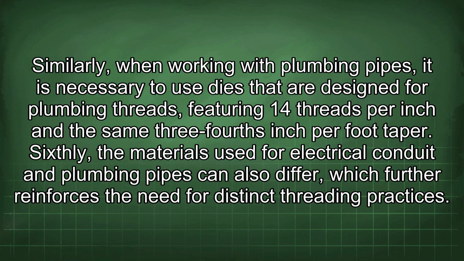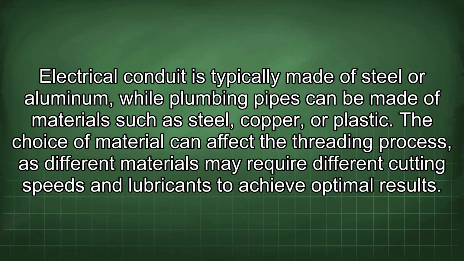Sixthly, the materials used for electrical conduit and plumbing pipes can also differ, which further reinforces the need for distinct threading practices. Electrical conduit is typically made of steel or aluminum, while plumbing pipes can be made of materials such as steel, copper, or plastic.